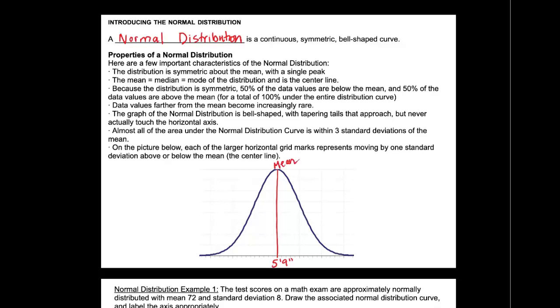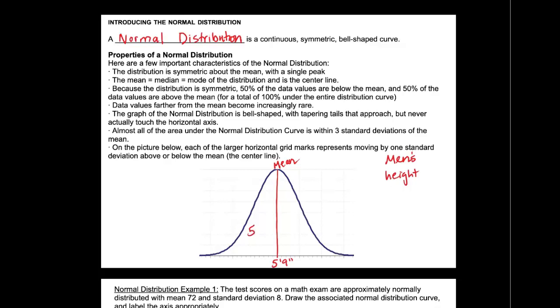I'm just going to use the example of heights for men. And so their average height is 5 foot 9 inches for the US, so it's different depending on the country. And so the mean, median, and mode would all be in the center, and it's symmetric.